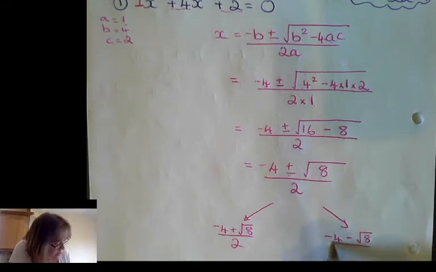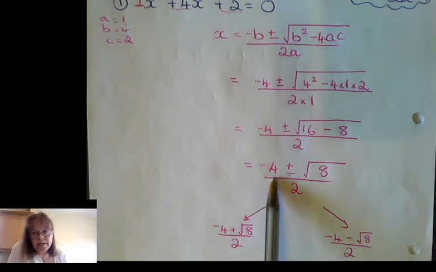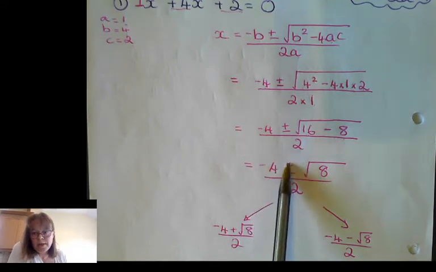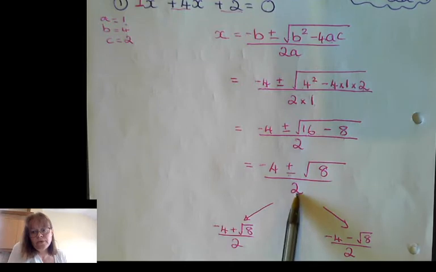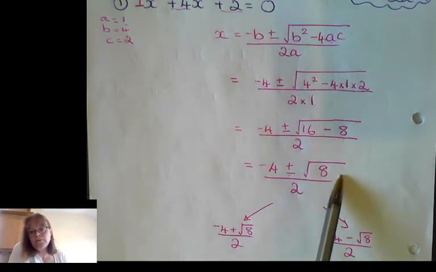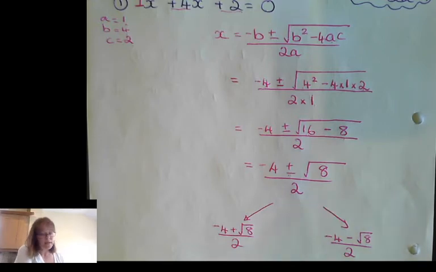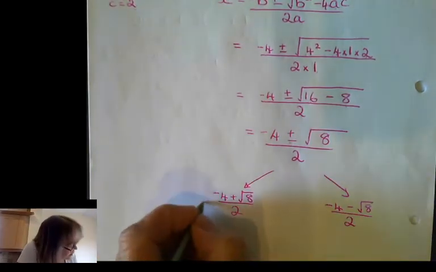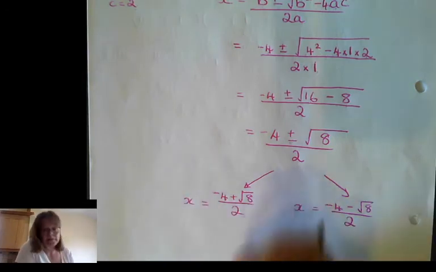So it's just basically a shorthand way of writing the 2 answers all in one go. So one of the answers is minus 4 plus square root of 8 all divided by 2, and the other answer is minus 4 minus square root of 8 all divided by 2. So these are my 2 answers. Now, they're both x values because we had x in our equation.